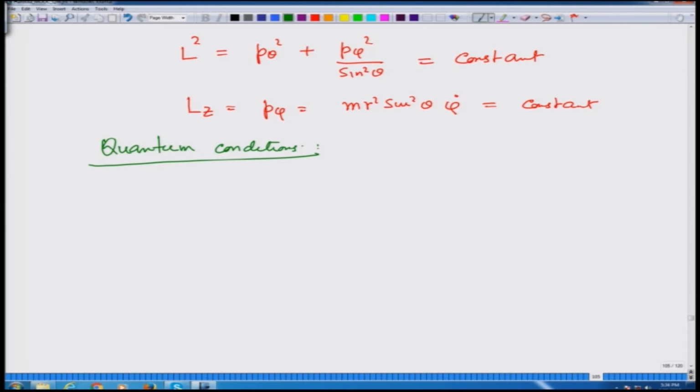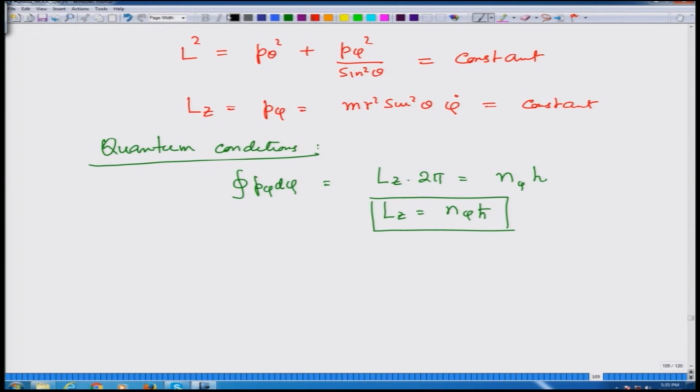And what do these give? The easiest to apply is integral p phi d phi, which is nothing but this constant Lz times 2 pi should be equal to n phi times h, or Lz is equal to n phi h cross. That is one.